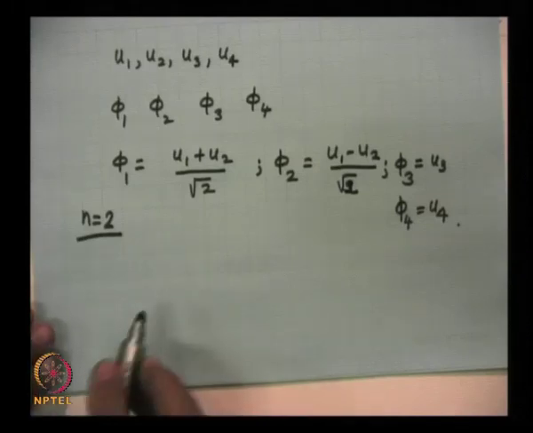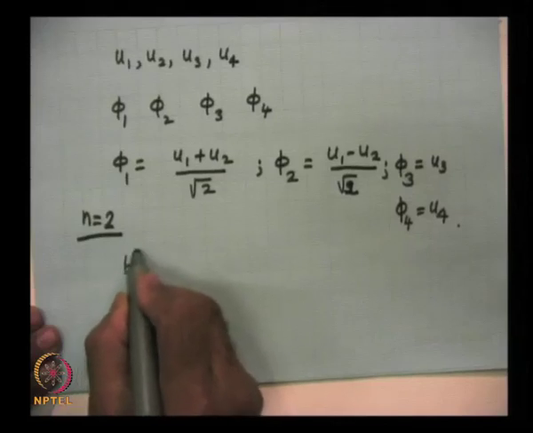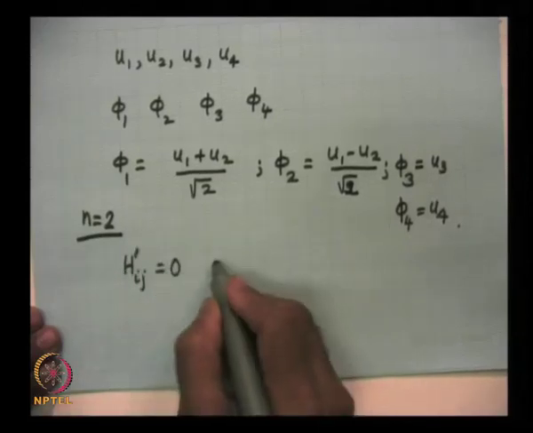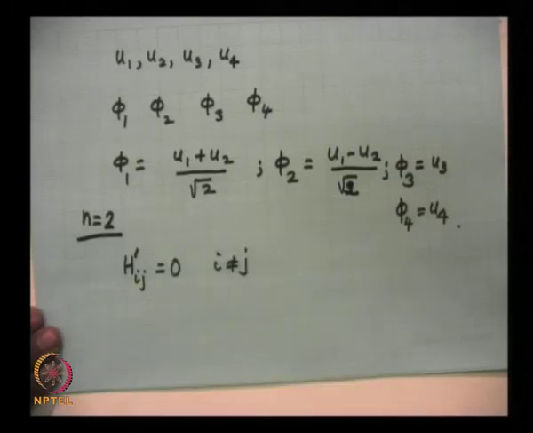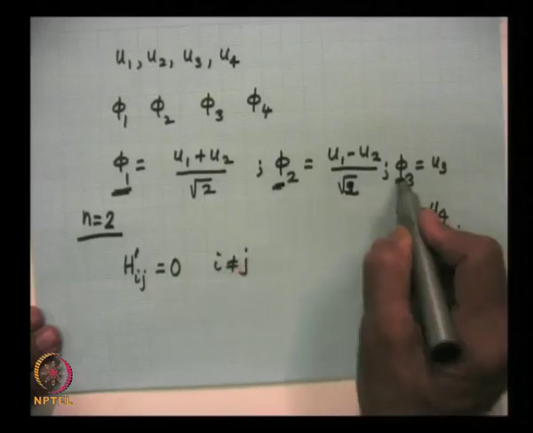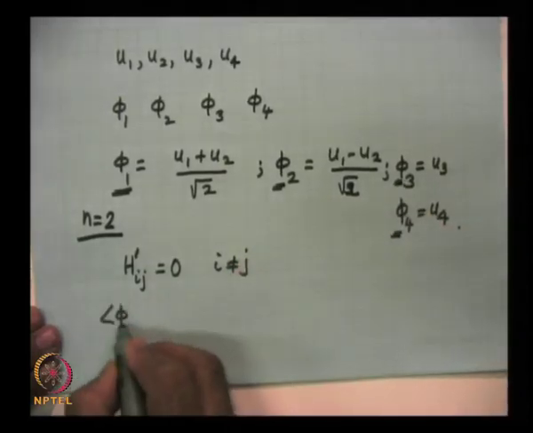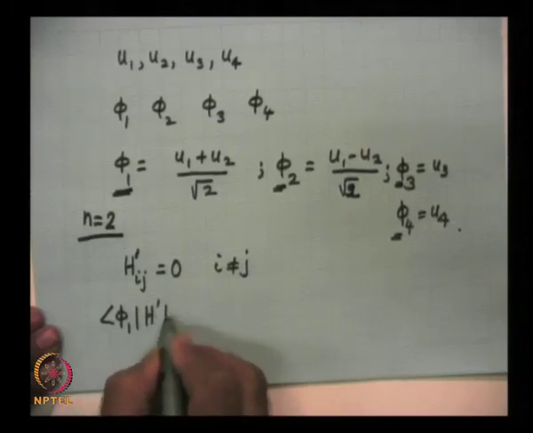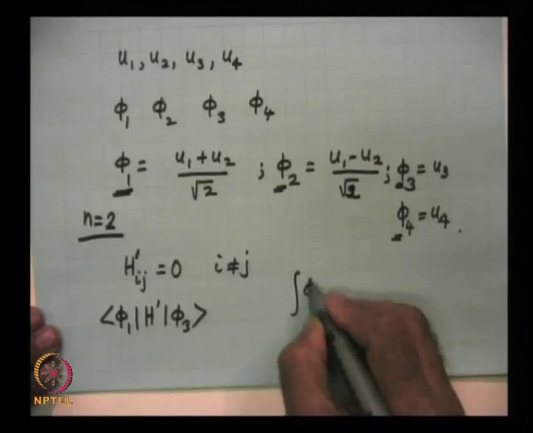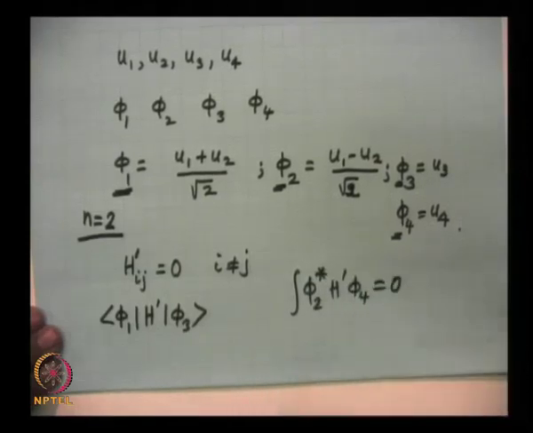I leave it as an exercise for you to show that h prime i j is equal to 0 if i is not equal to j. That is, if we choose phi 1, phi 2, phi 3 and phi 4 as the base vectors, then any matrix element like phi 1 h prime phi 3 or, say, integral phi 2 star h prime phi 4, any one, that is 0.